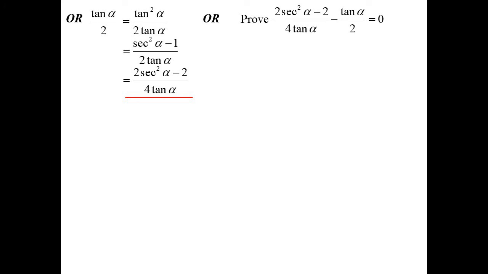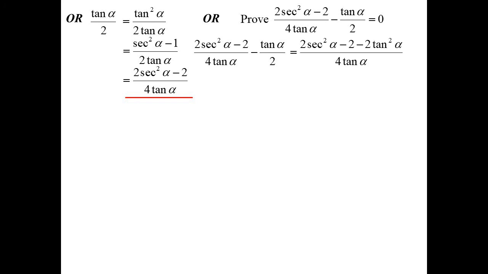Because if I can come up with a statement that this is equal to 0, once I know that's a fact, then I can move that to the other side and say, well, this must equal that. So I want to prove that this is a fact. So I'll start with that left-hand side. And I'll make it all one fraction. The common denominator would be 4 tan alpha.